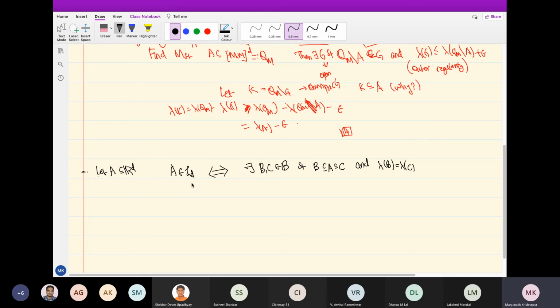Okay. So Lebesgue measurable sets are exactly those that can be sandwiched between two Borel sets of equal measure.